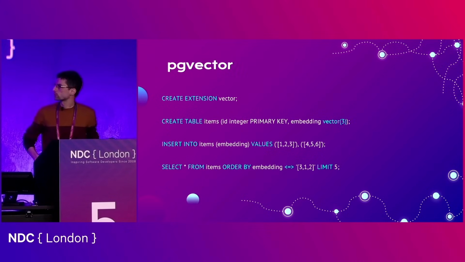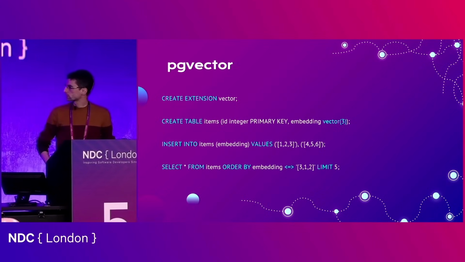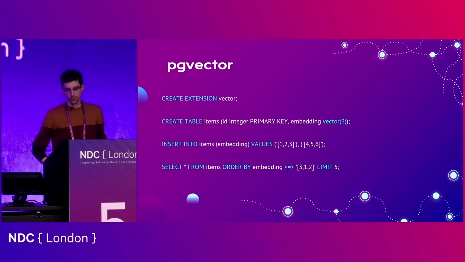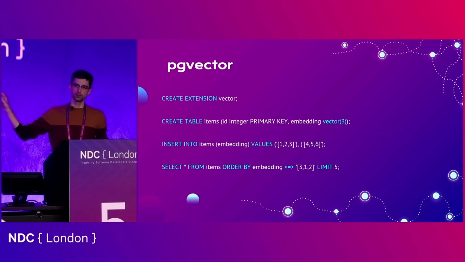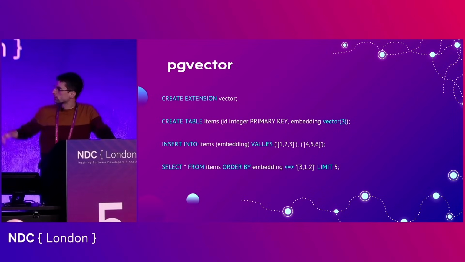So to use the pgvector extension, we have to enable it with this command, and then we can use the vector type like we would use any other type in the database. In this case, it's a three-dimensional vector. So we can insert vector data and then query based on the distance.